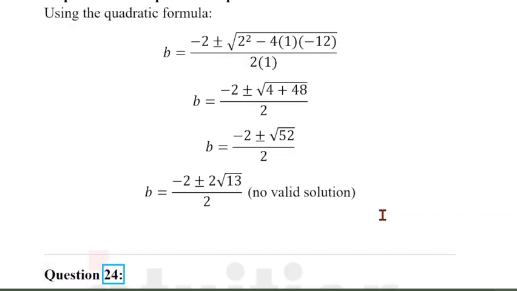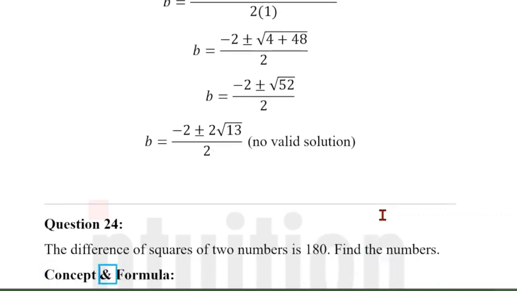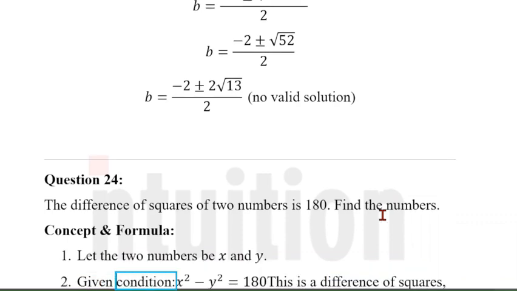Question 24. The difference of squares of two numbers is 180. Find the numbers. Concept and formula. 1. Let the two numbers be x and y. 2. Given condition: x squared minus y squared equals 180.